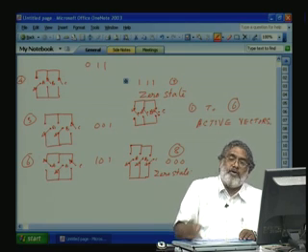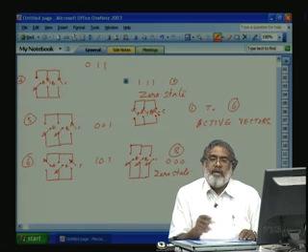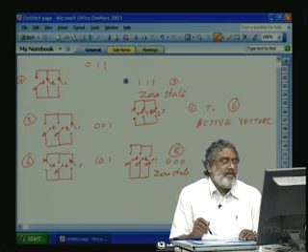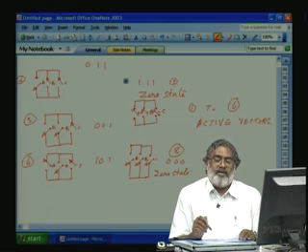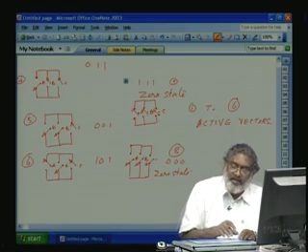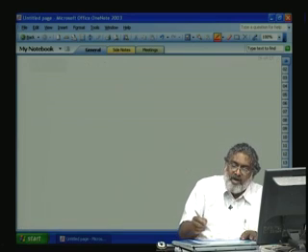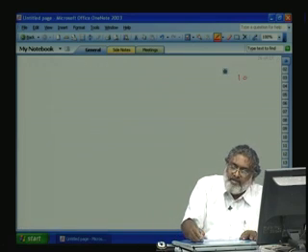Now, before coming to PWM, let us see in the xy plane where this voltage space vector lies, for all the 8. Let us start with 1, 0, 0.